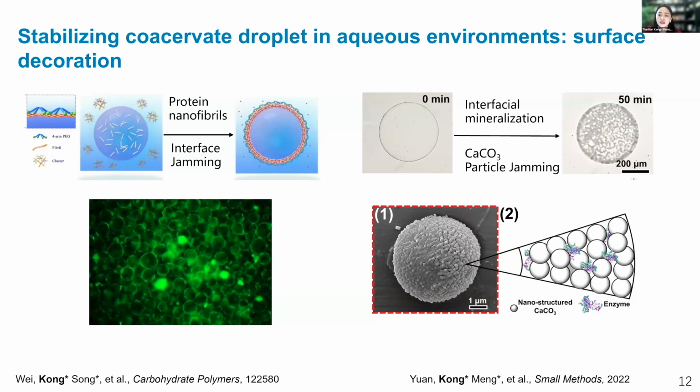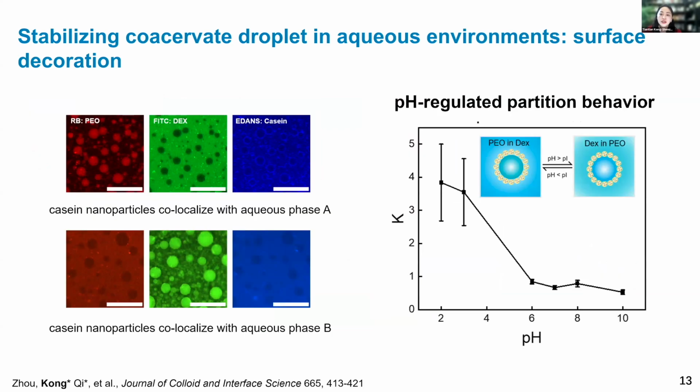We find that protein nanofibrils effectively absorb to the droplet surface, forming a jammed shell and preventing fusion and leakage. In addition, interfacial mineralization of calcium carbonate can create a rigid particle-packed layer. So this is another strategy for stabilization.